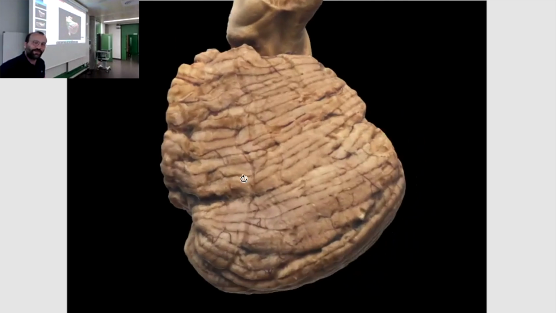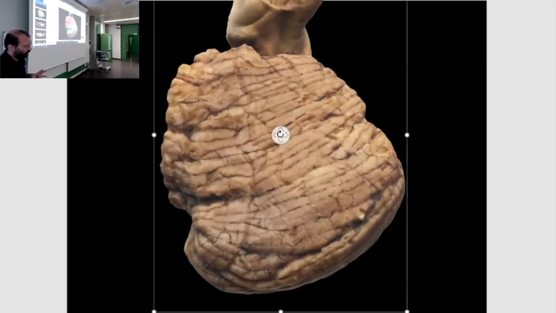Now, after we have this, we go more practical to the dissection. We will focus on the superior surface of the cerebellum. We can call it also the tentorial surface if you like. We need to identify the great horizontal fissure, then the primary and secondary fissures.